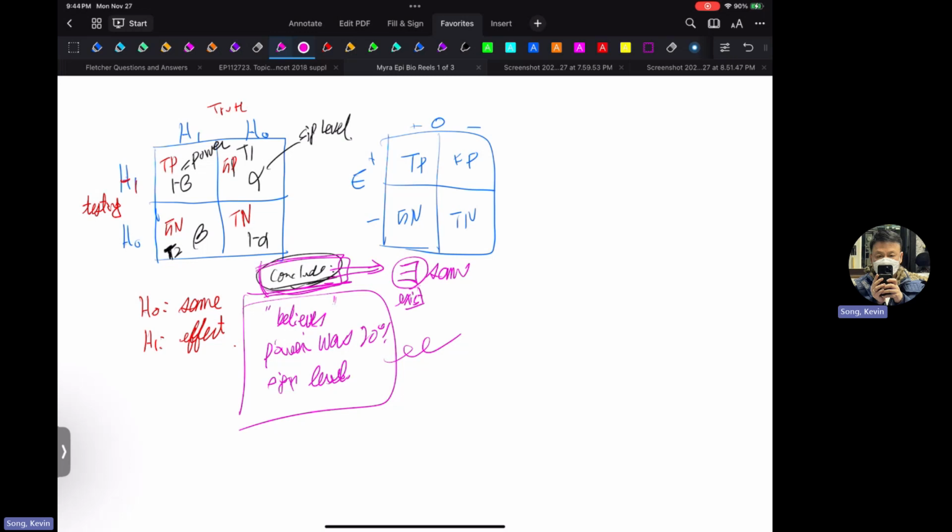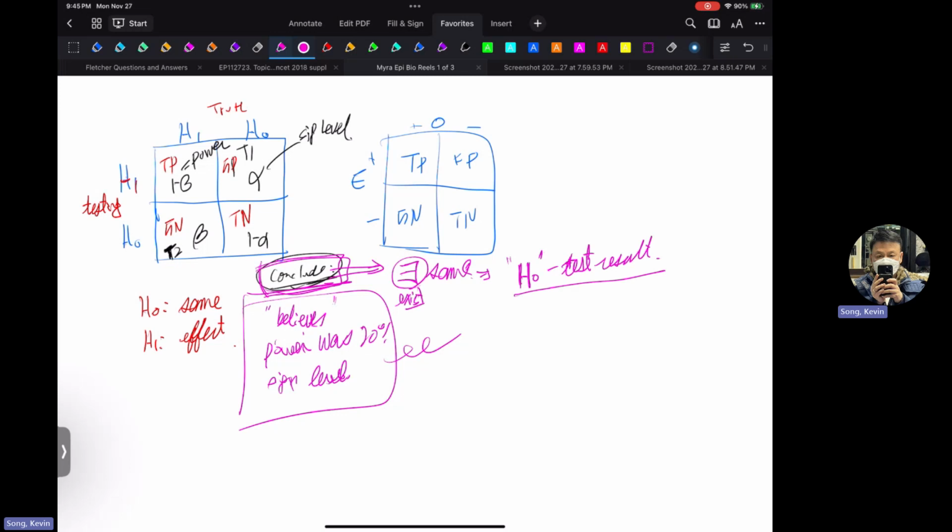Okay, so "same" means that the new drug and the old drug have the same effect, no additional effect, right? Then H0 is a test result, right? So what does this mean?